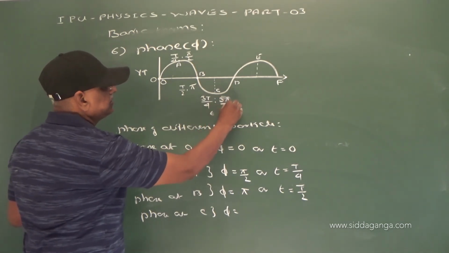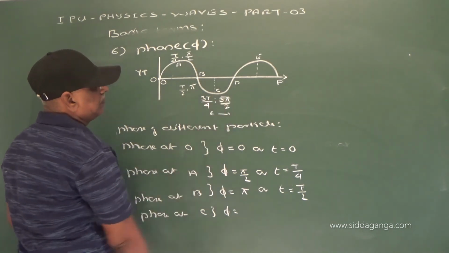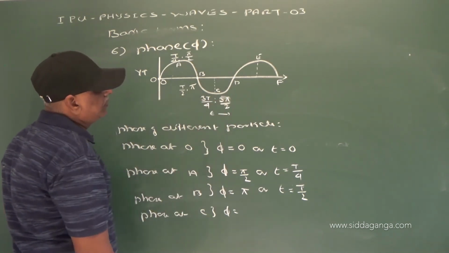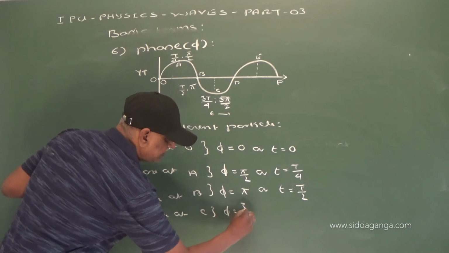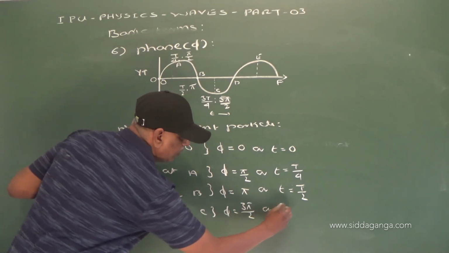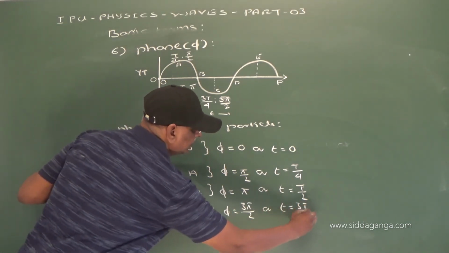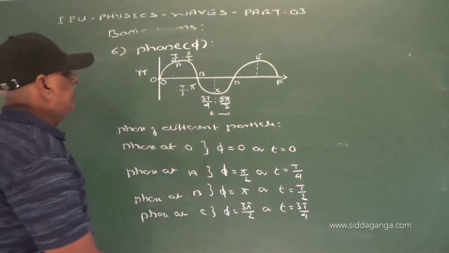I think it is 3 pi by 2. This is 3 pi by 2, or t is equal to 3T by 4.